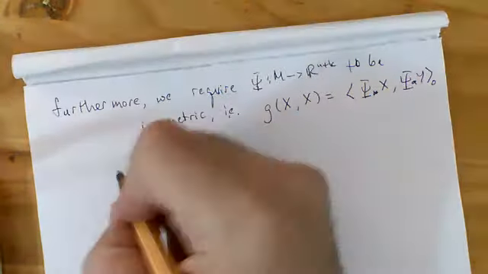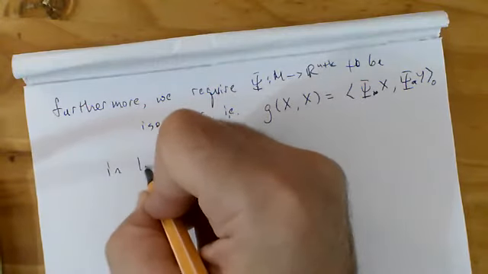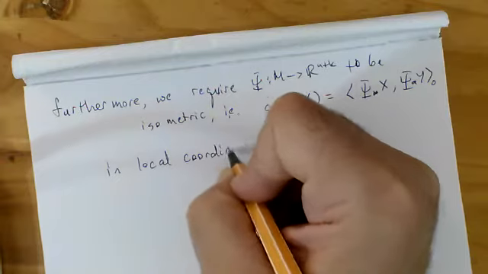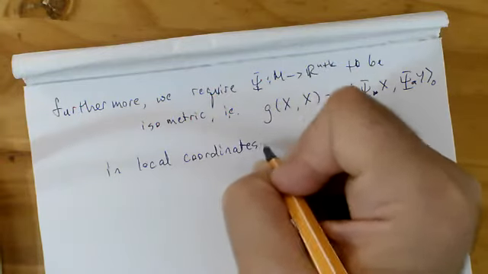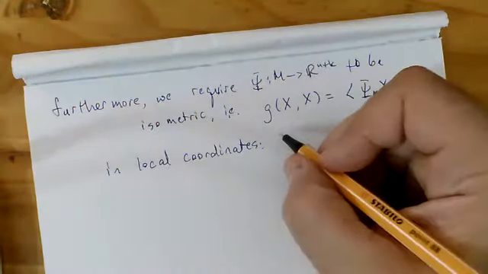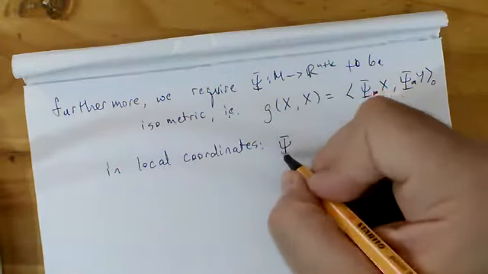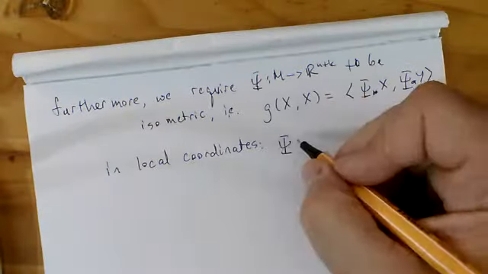So if I write this out in coordinates, in local coordinates, I'm going to have some phi. So again, I'm writing this all locally.